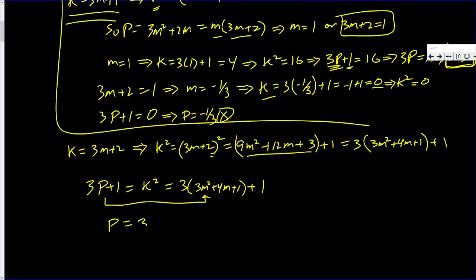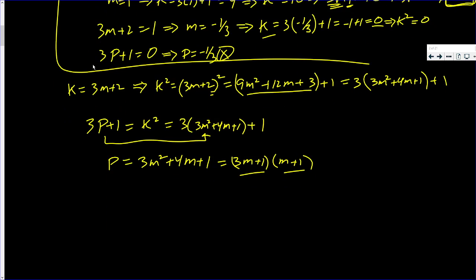So p is 3m squared plus 4m plus 1, but that factors to 3m plus 1 times m plus 1. So p is a product of 2 integers. That implies that one of the integers must be 1. I almost said one or both of the integers is 1.